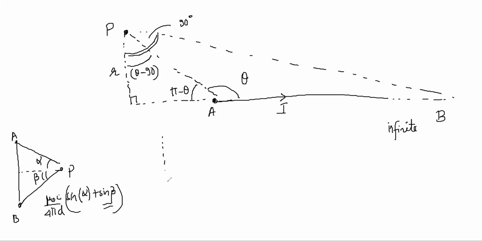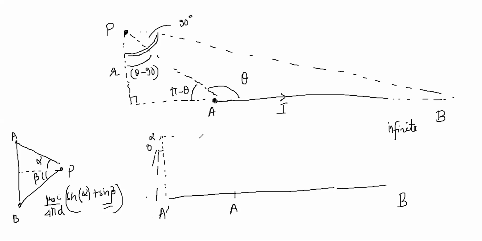Let's think about it in a slightly different way. Let's say this was the infinite wire, A dash to B, and A is here. For A dash to B, this angle at A dash is 0, this is alpha, and this angle is 90, this is beta. So field due to the A dash B wire would be mu naught I by 4 pi r, sine alpha is 0 plus sine beta is 1.